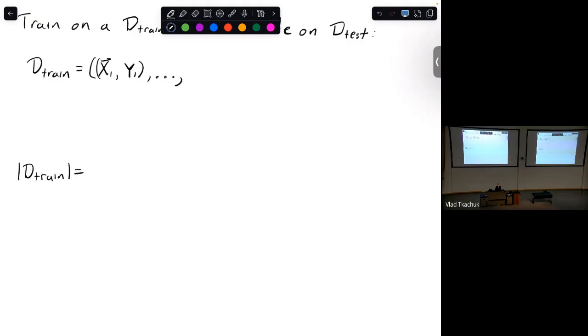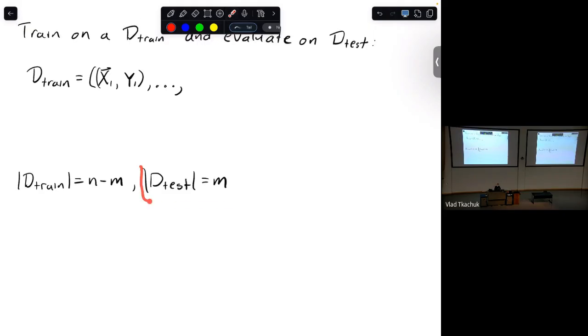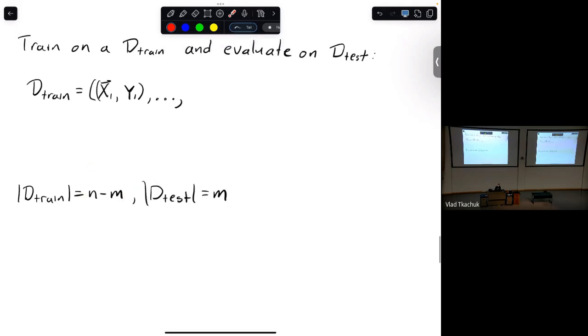It's going to be n minus m, so less than n by m points. And the test set is going to contain m data points. The reason I write this is so the summing notation above makes sense. Basically all I want to do is take the last m points of my data set, call that the test set, take the first n minus m points, call that my training set, and that's how I'm going to split it apart. At the end, I still only have n data points. I have just split them up.